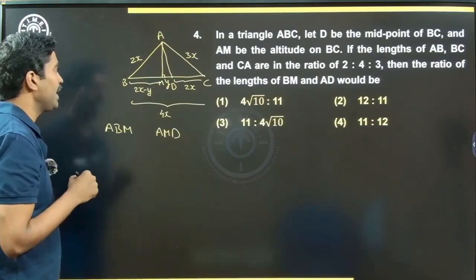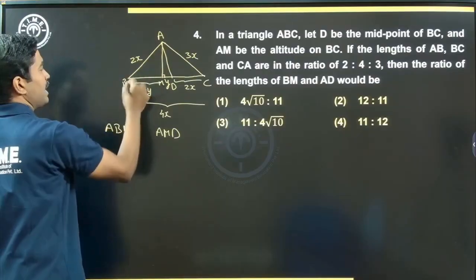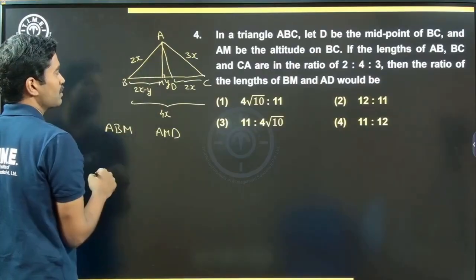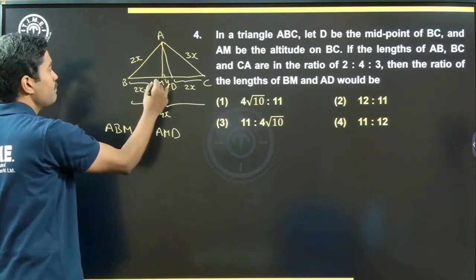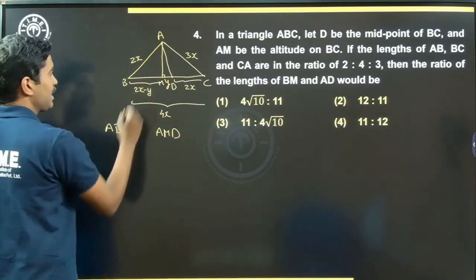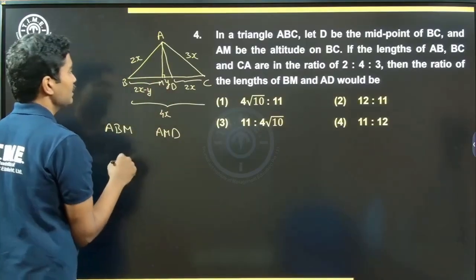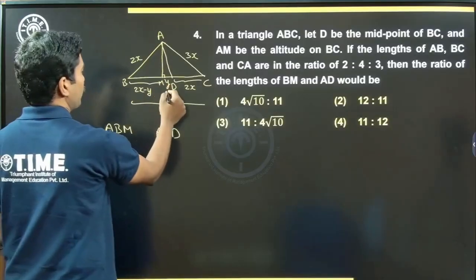Now, in triangle ABM, what is AM? AM is the square root of AB square minus BM square, right? So I'll just take AM square and equate it on both sides. What is AM square here?